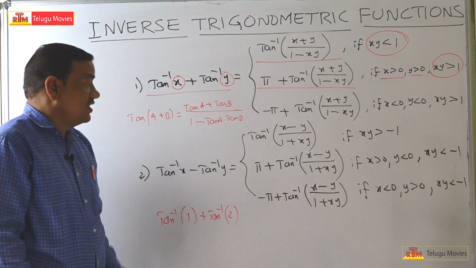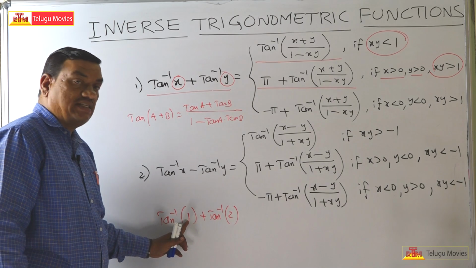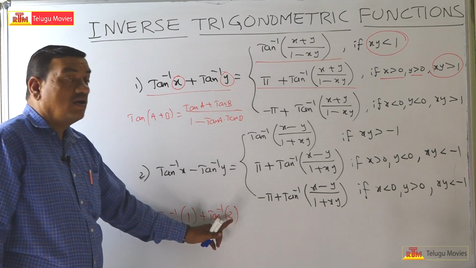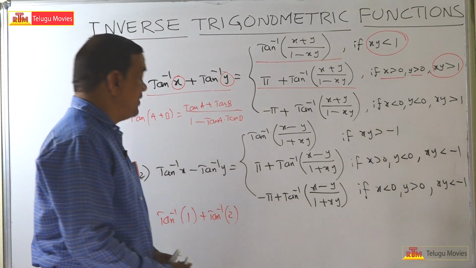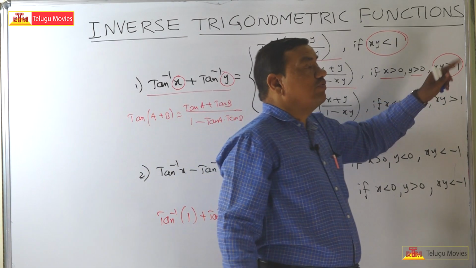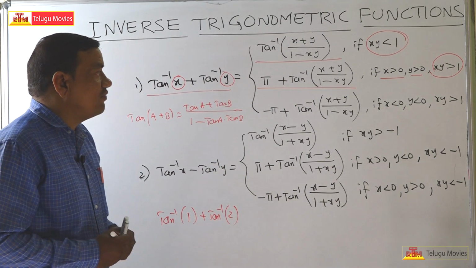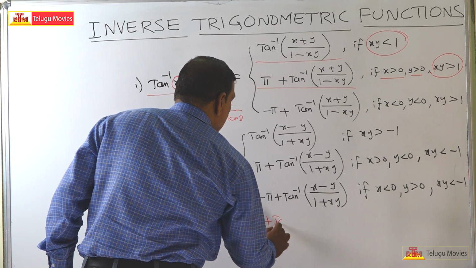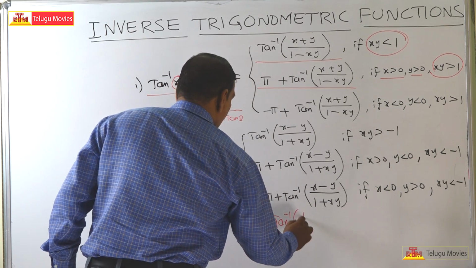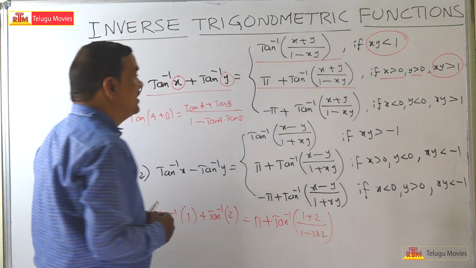So here x is 1, y is 2. Here x is greater than 0, y is also greater than 0, and moreover x into y is greater than 1, since 1 into 2, 2 is greater than 1. Then you have to apply this formula, that is pi plus tan inverse of 1 plus 2 upon 1 minus 1 into 2. Understand this?